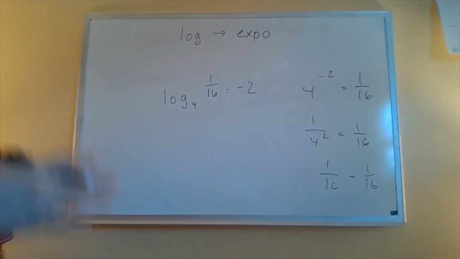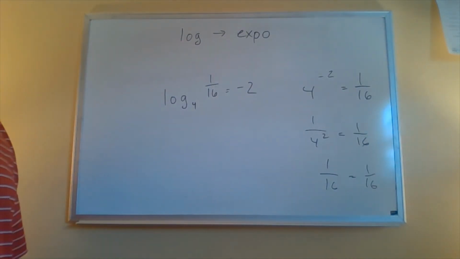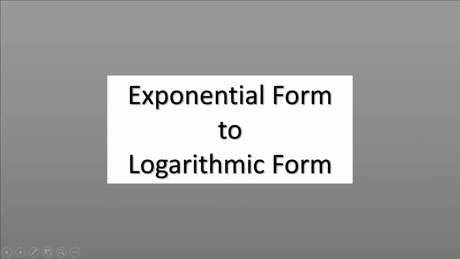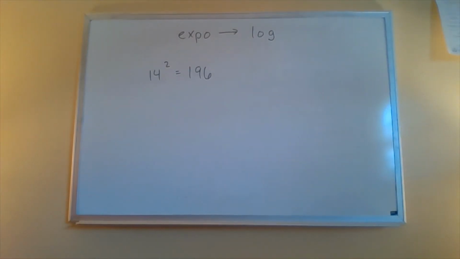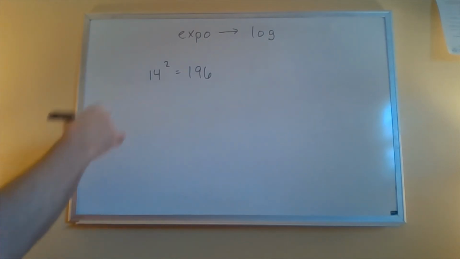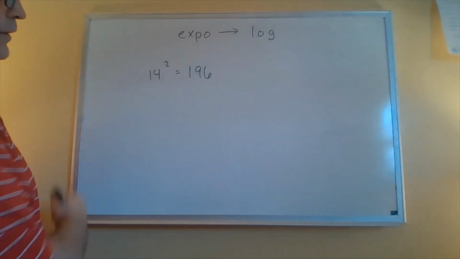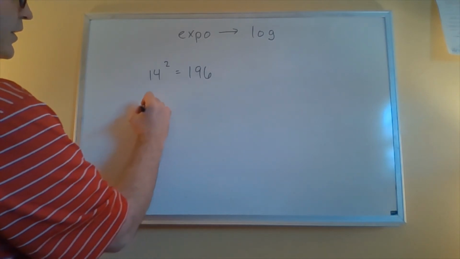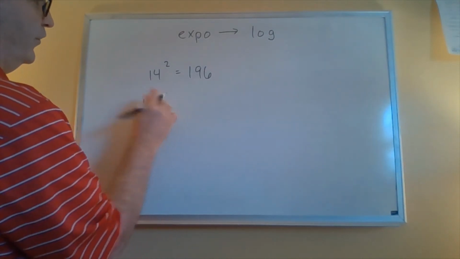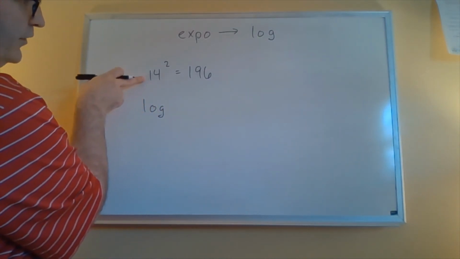So that's how we go from log to exponential form. How about if we're going from exponential form into logarithmic form? I wrote one up here already: 14 squared equals 196. We're going to rewrite that. Log, what is the base in this expression? That's the number 14.